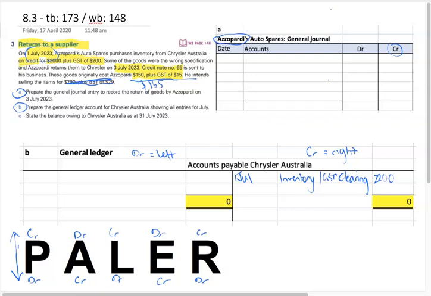What happens when our accounts payable goes down? Our accounts payable is a liability. Liabilities going down is a debit. So we would record this on the 3rd of July, accounts payable Chrysler, and I am running out a bit of space, and that's okay. $165, we owe less to Chrysler. We obviously have to, if we do a debit, have our credits as well. What has also happened here?